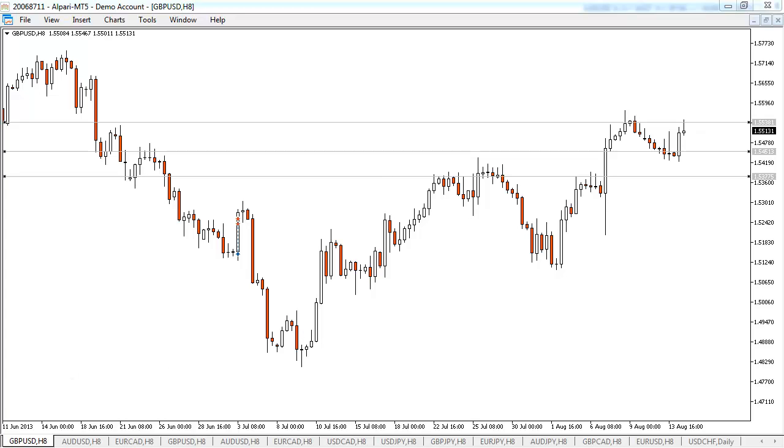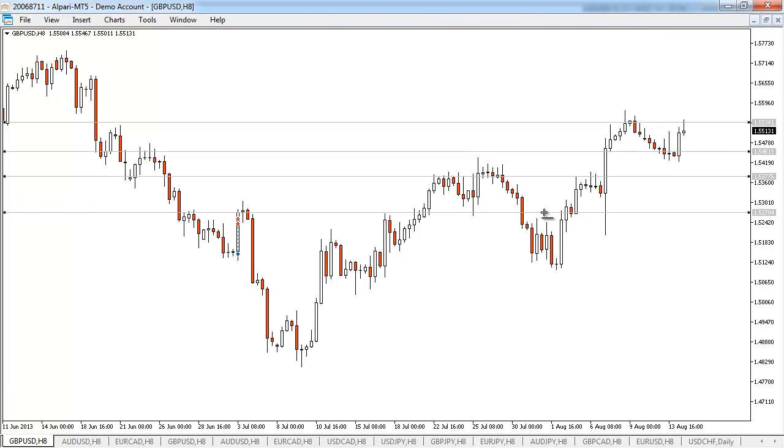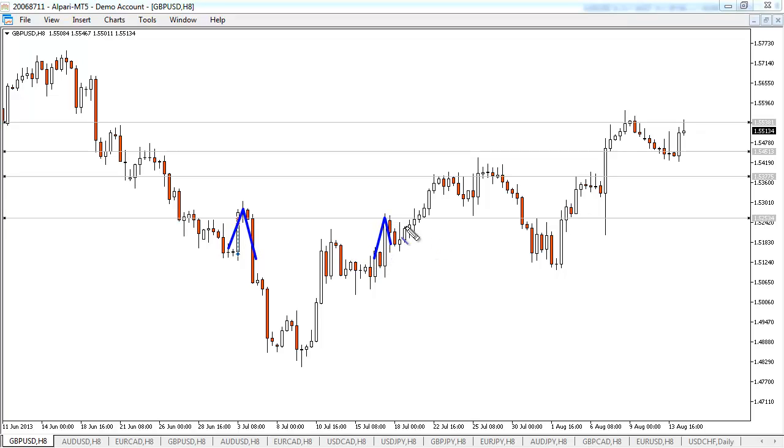Next one seems a little bit further away. I'm thinking around about here, perhaps. The reason I want to place it here is because we've got a pretty strong bounce there, a bounce here, and a wick bounce here. Now, wick bounces do count. When a wick bounces from an area, it does count.